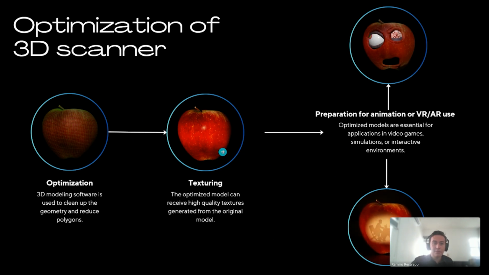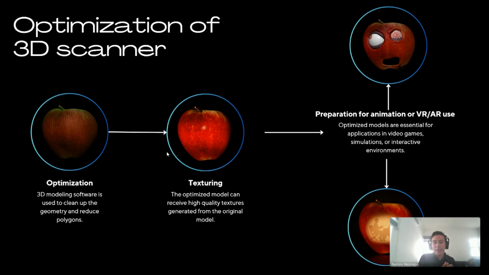In this example, this whole image is already our 3D model. So the optimized model can receive a high-quality texture generated from your photos. It's why it's important to have good quality in our photos, because it impacts the quality of the 3D model and the quality of the texture.